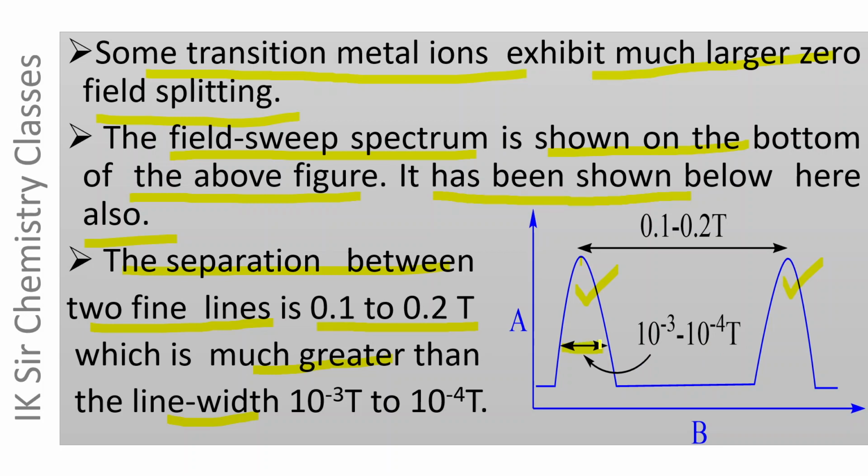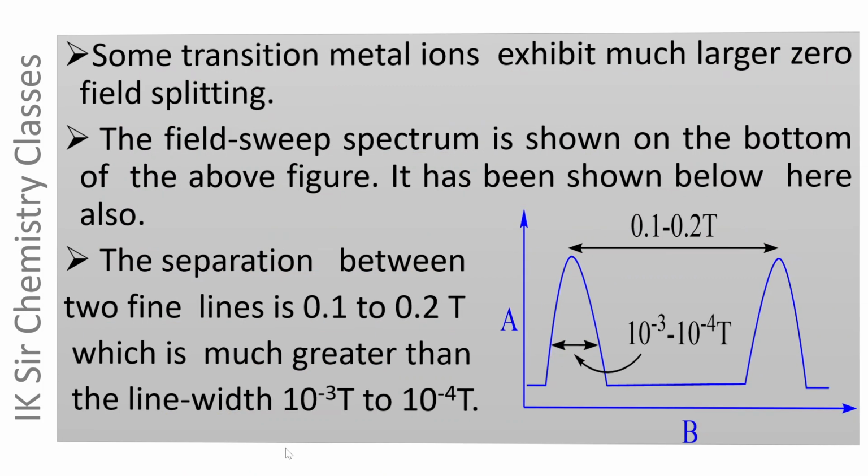Line width is much smaller than the separation between these two fine lines, and therefore these two fine lines are separated from one another significantly. These two fine lines are observed invariably with significant separation between them, that is from 0.1 to 0.2 Tesla.